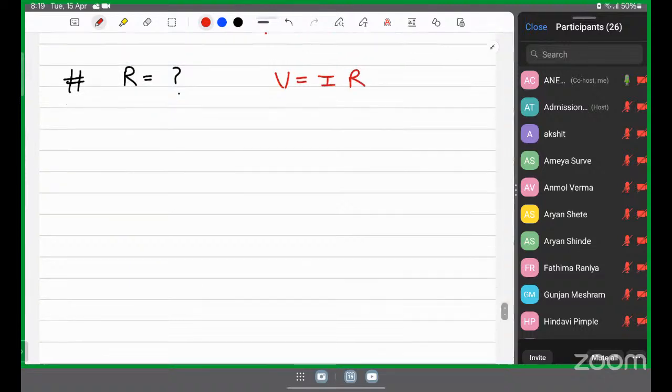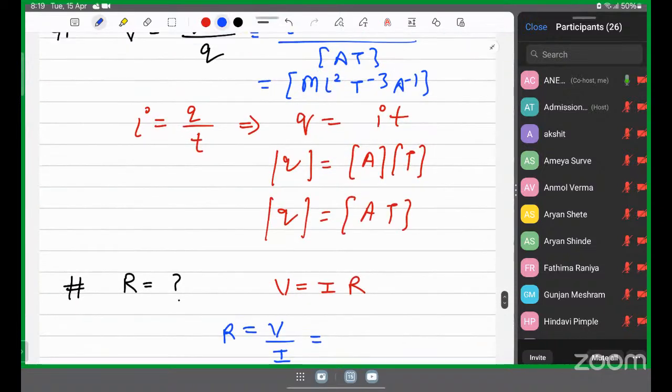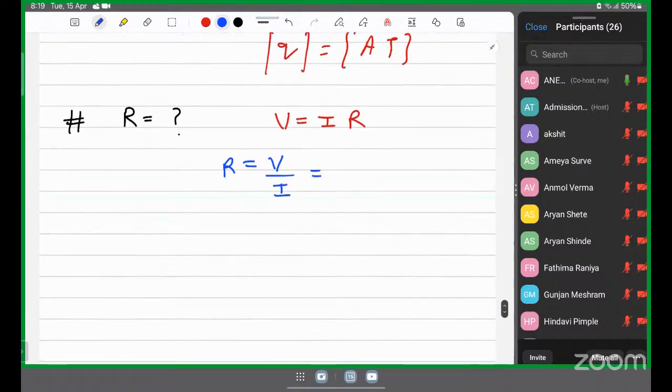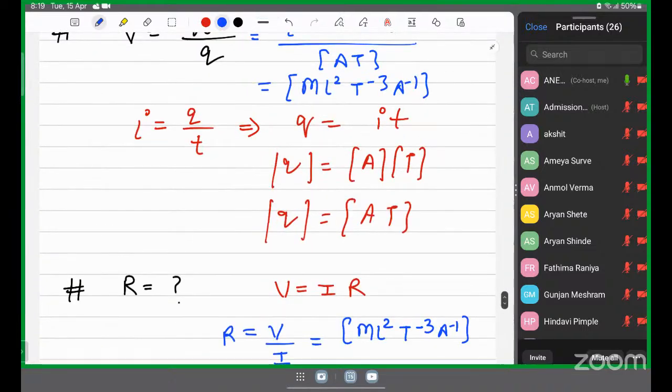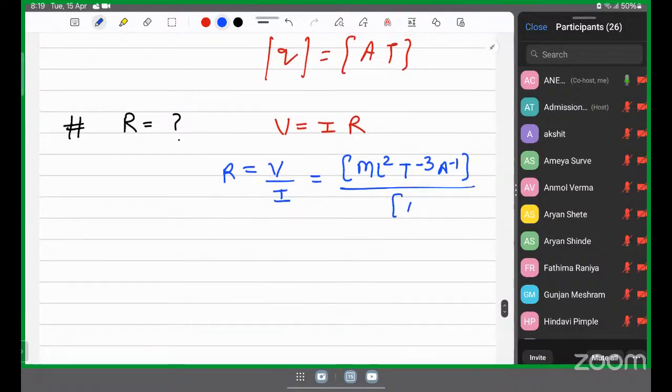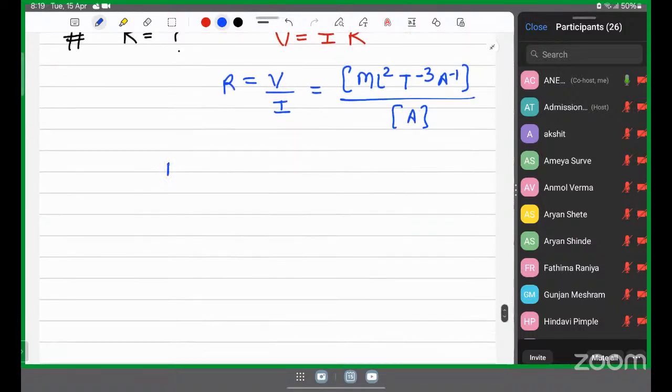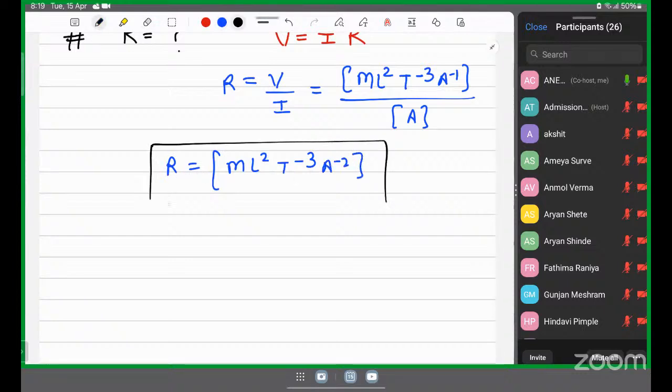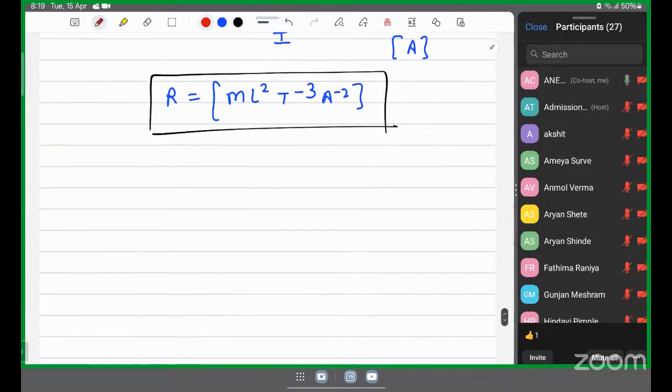V is equal to IR and R will be V divided by I. Dimension for V is ML2T minus 3 A minus 1, divided by current I, which will have dimension A. So R will be ML2T minus 3 A minus 2. Understood? Yes.